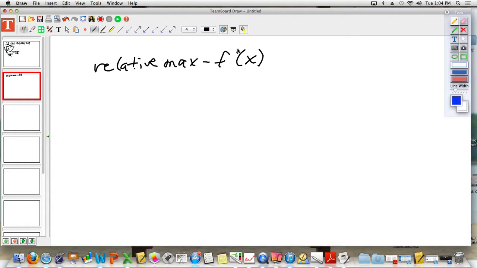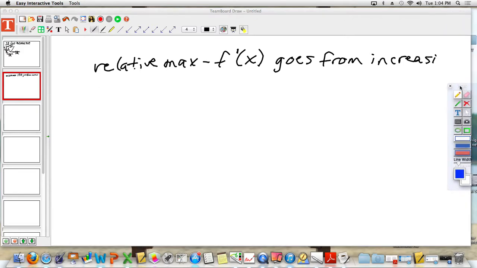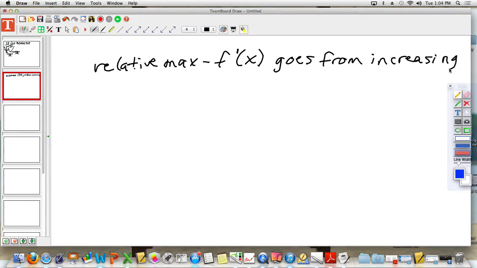So when the slope goes from increasing to decreasing. In other words, kind of like there's a hill there. We've got a hill.